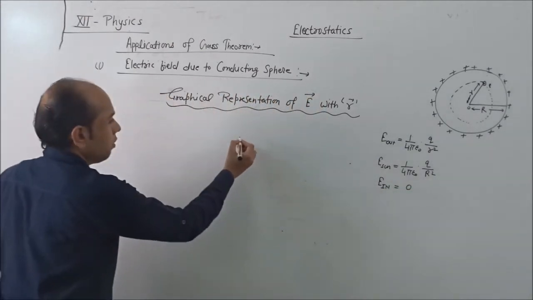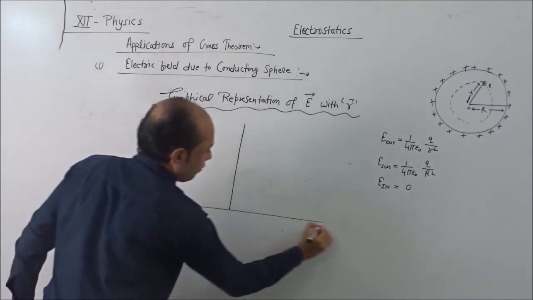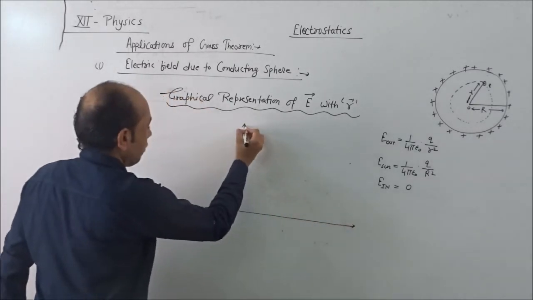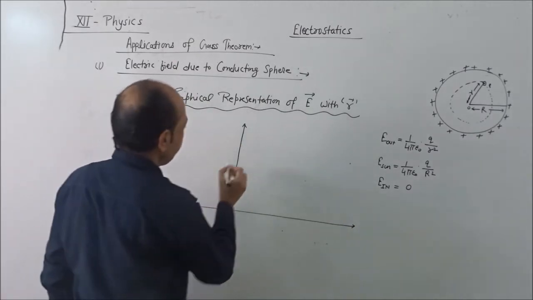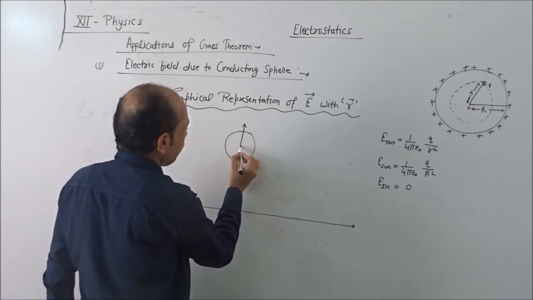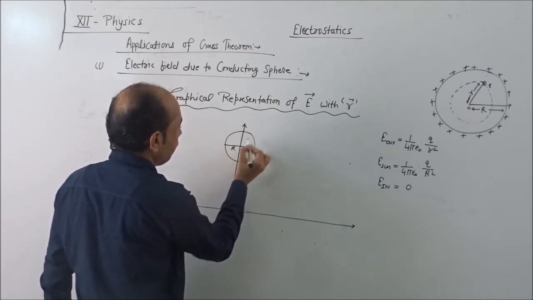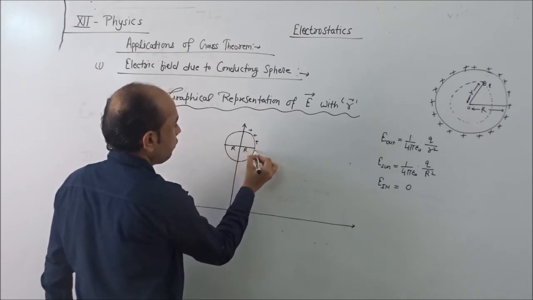Now we plot electric field versus distance variation. This is our conducting charged sphere.